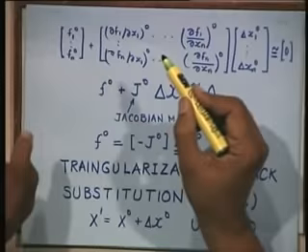Now I can write that Taylor series expansion in the form of a matrix: f1 0 up to fn 0, plus del f1 del x1 0 and so on. This 0 means these derivatives are evaluated at x1 0.